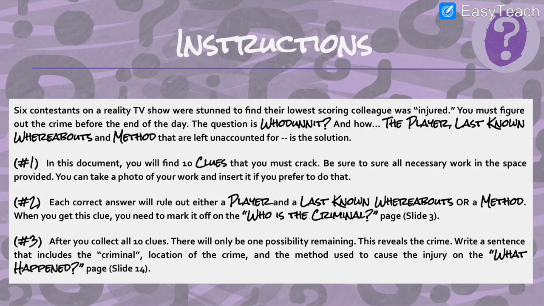After you collect all 10 clues, there will only be one possibility remaining, and this will reveal the crime. On the last slide, slide 14, you will write a sentence that includes the criminal, the location of the crime, and the method used to cause the injury on the what happened page.